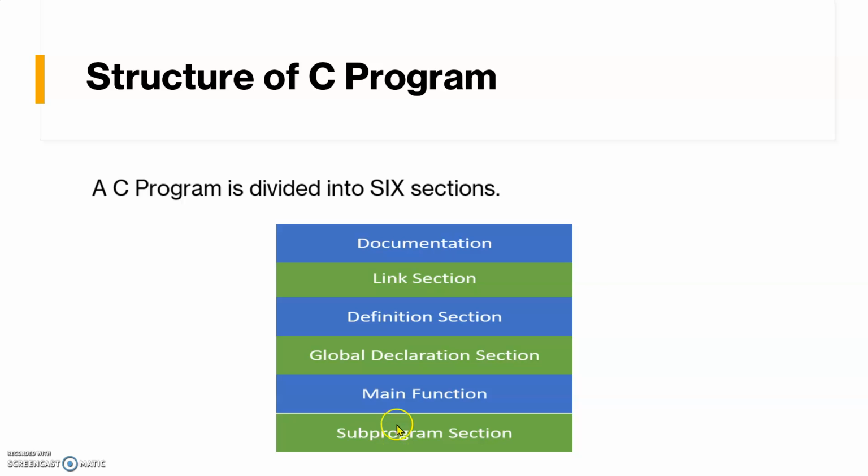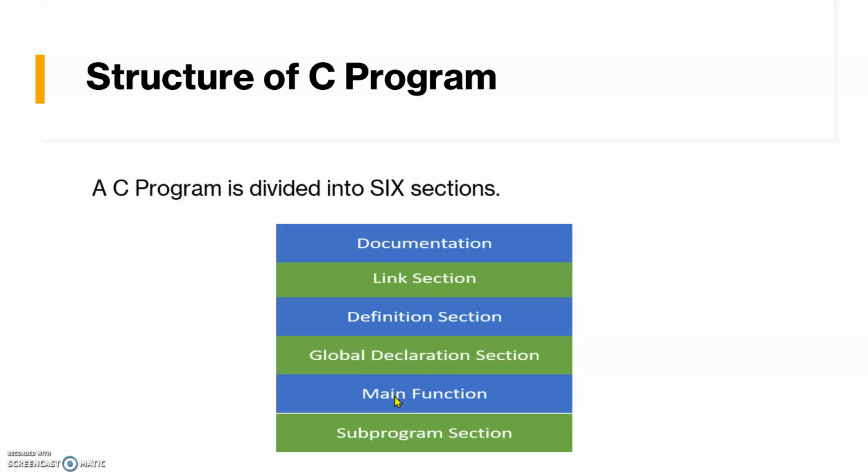The documentation section is optional; if you want, you can include it. The link section is a compulsory section if you want to link with any particular function. The definition section is also optional. The global variable section is also optional. But the main function is mandatory.